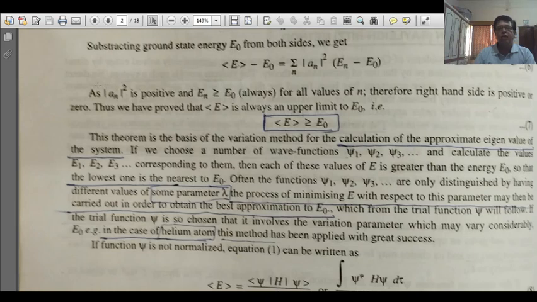Because it is a modulus, a n squared is positive, and E n is always greater than or equal to E0 for all values of n.